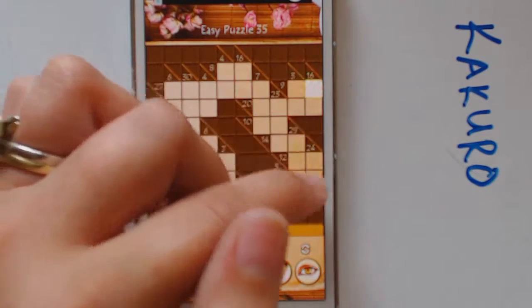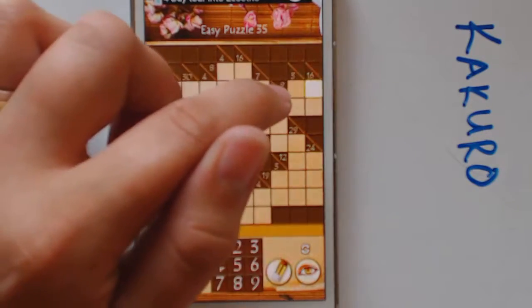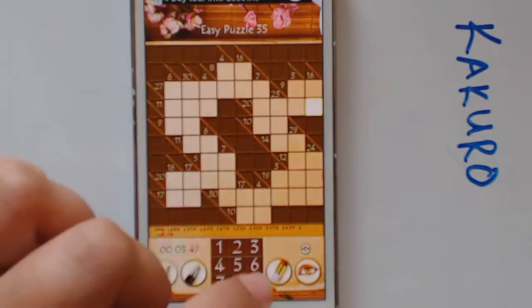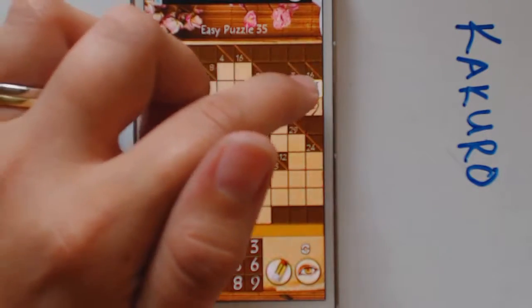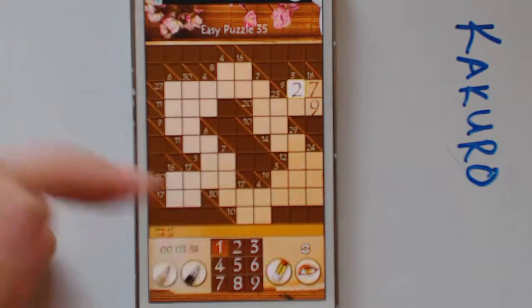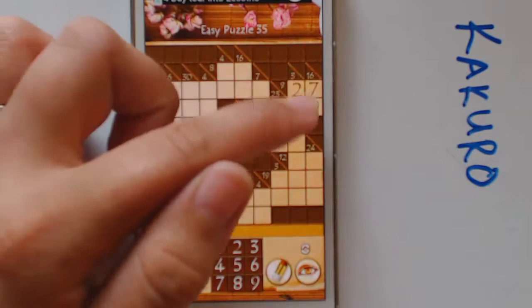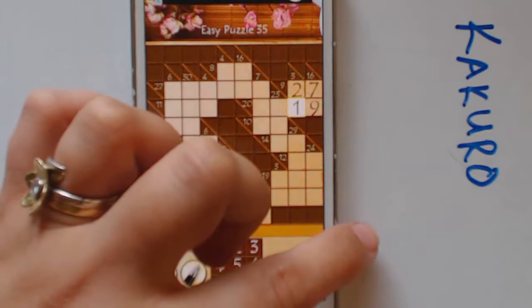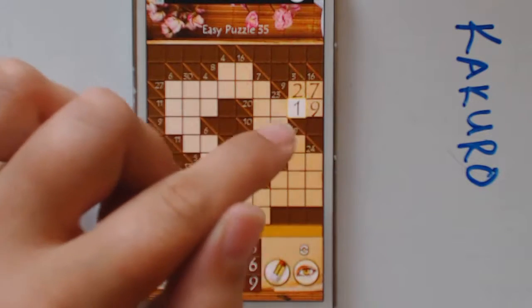I must have a 1 and a 2 there. So this can only be 9, 7, but that cannot be a 9 because this is 9. Then that must be my 9, that must be my 7, and 7 plus 2 is 9, and 2 plus 1 is 3. Okay, so there I've got a good start on that side.